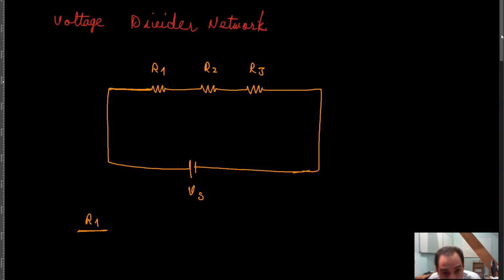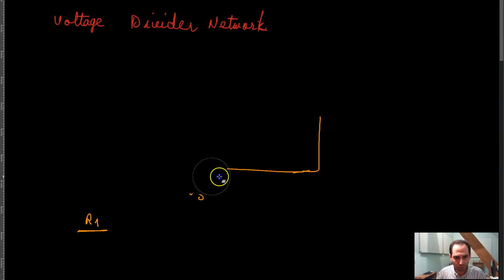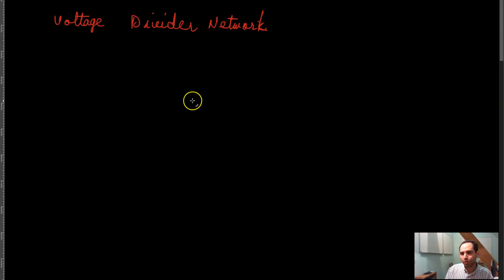In this video we will talk about voltage divider networks. A voltage divider network is a bunch of resistors that you can put together in order to divide the voltage.